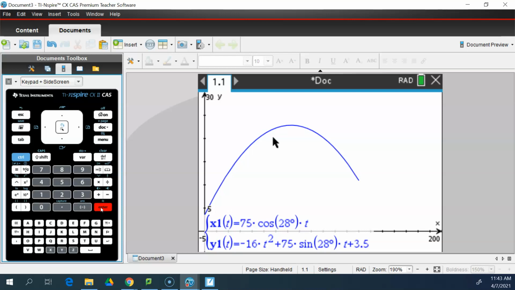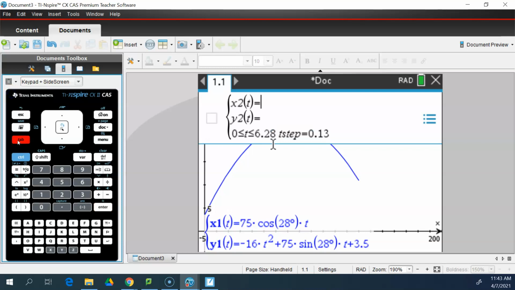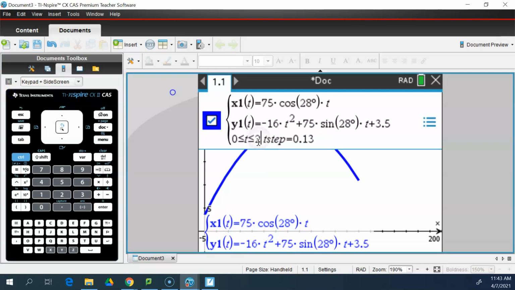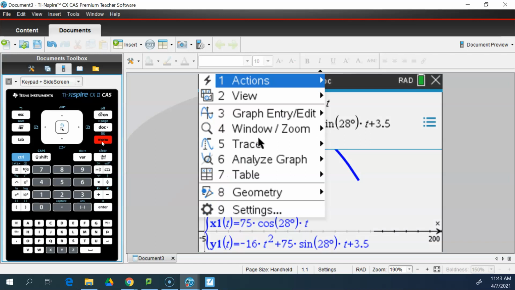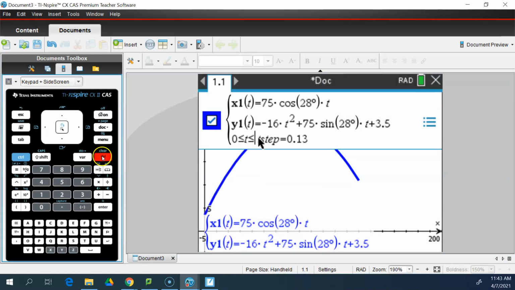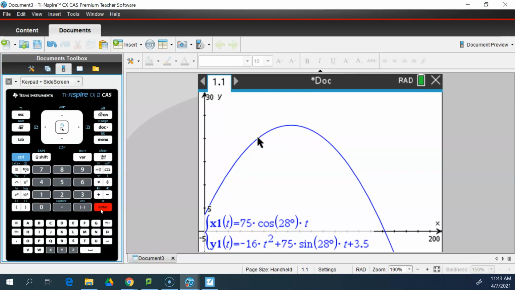So you've got to make your t go longer, until the curve crosses the x-axis. Then you know it hits the ground.